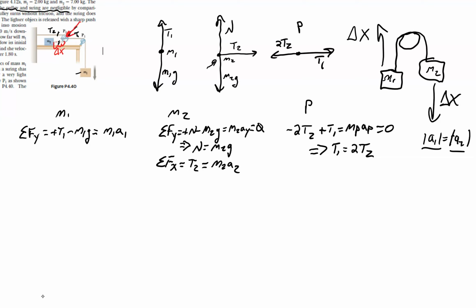The pulley will take half of it, delta x over 2, and the other delta x will turn into rope on the other side. So that means that this block only moves half as much as this block does. What that means is that the magnitude of the acceleration of block 1 is half the acceleration of block 2.